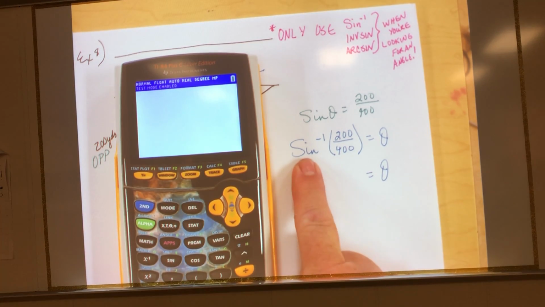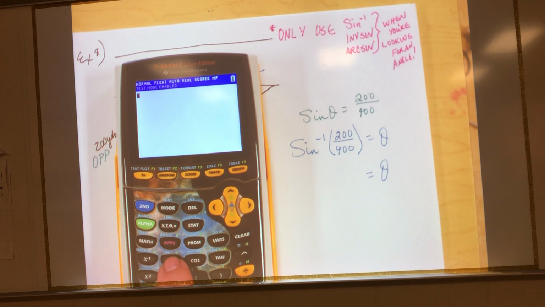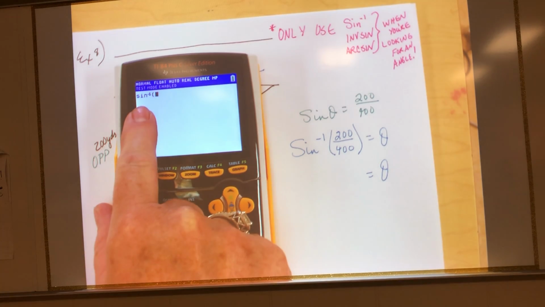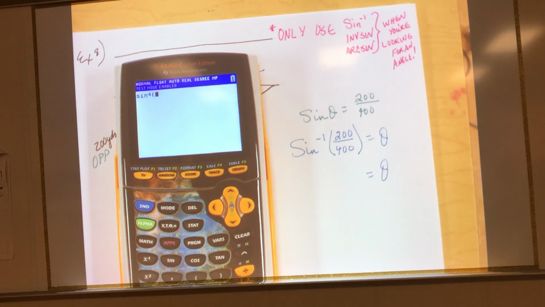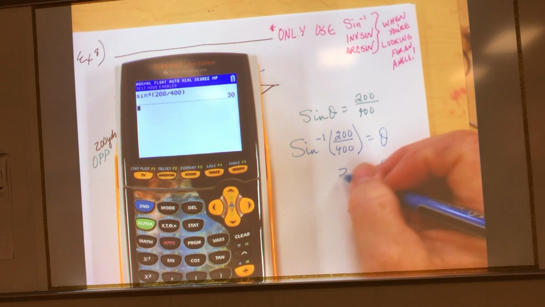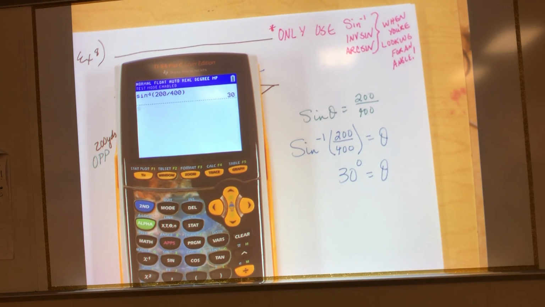All right, so here I go. Here's the inverse sine, it's right above the sine function. So I'm going to press second and sine, and then 200 divided by 400. 30 degrees.